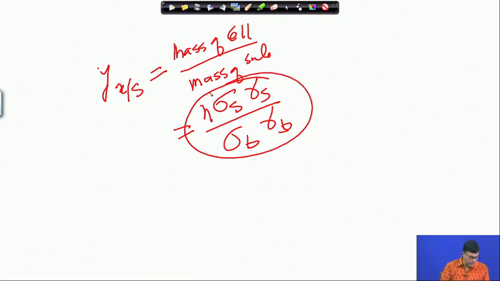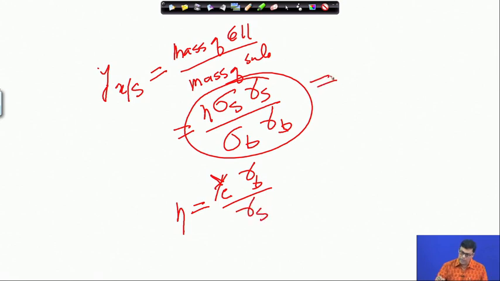We can easily find that. If you look at eta, we have already seen that eta equals Yc into gamma B by gamma S. Am I right?